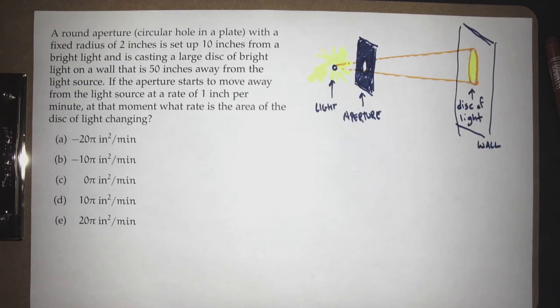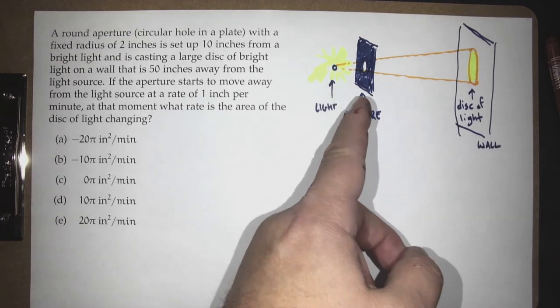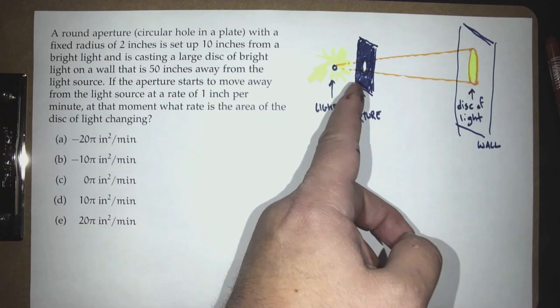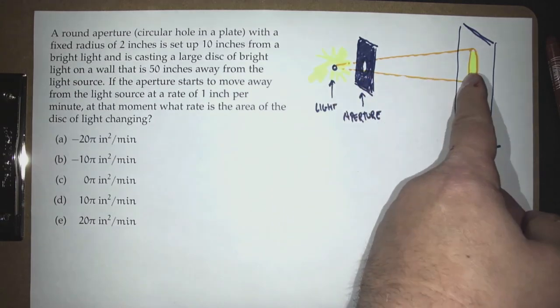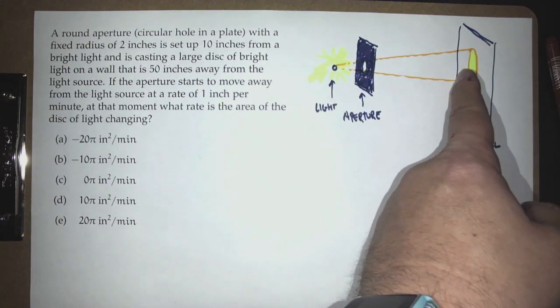This is not really a problem to do in 1 minute. However, I think you can reasonably narrow it down to 2 choices in 1 minute. If you move this closer to the wall, just imagine moving it very quickly to the wall. What happens to the size of this circle?